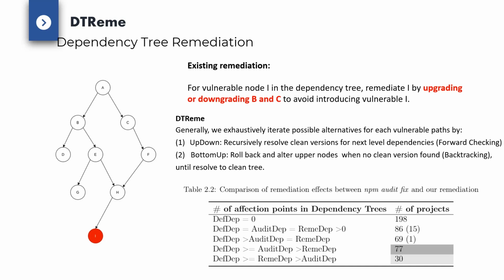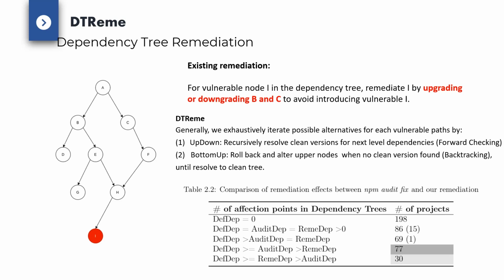We compare with the NPM official tool, NPM Audit Fix, to validate DT-REAM. We find that DT-REAM outperforms in 77 projects and NPM Audit Fix outperforms in 30 projects, from the aspect of reducing vulnerabilities. This is because sometimes NPM audit fix violates the semantic version range to remediate vulnerabilities, while DT-REAM strictly follows the rules.